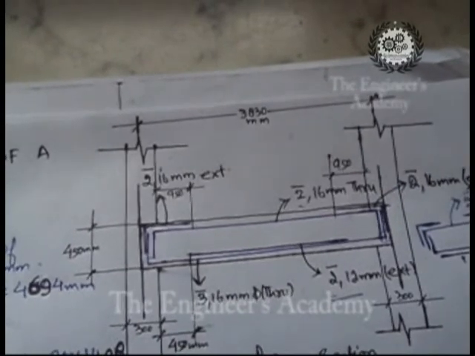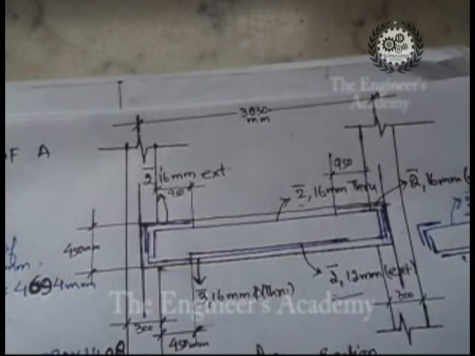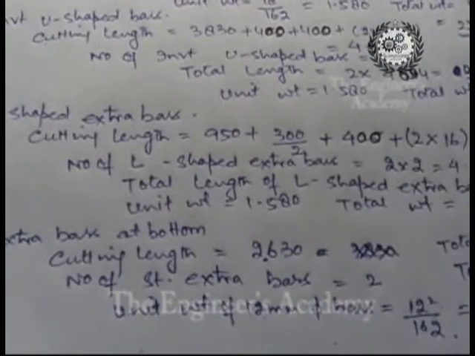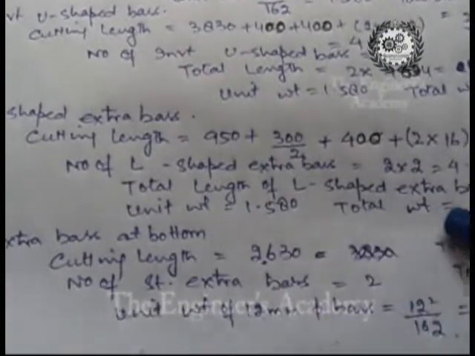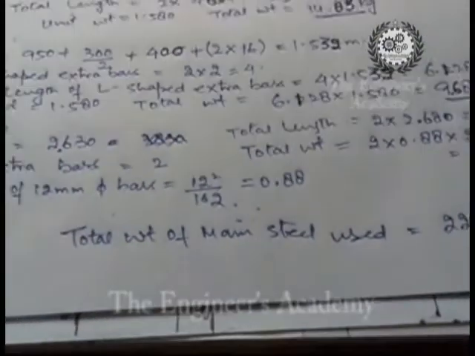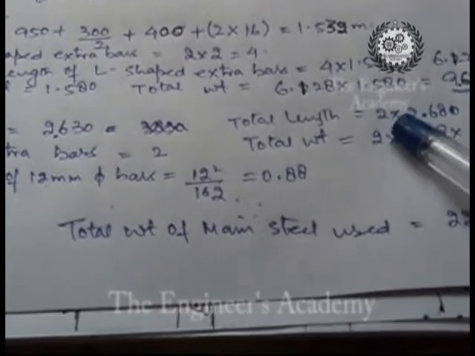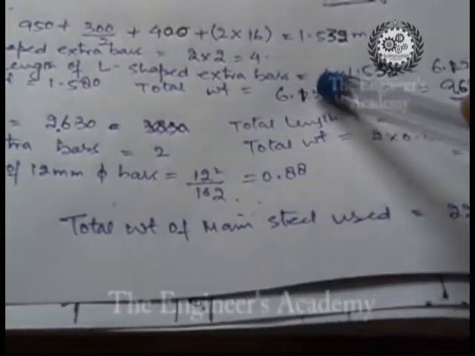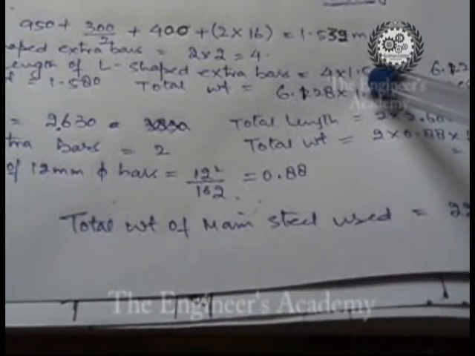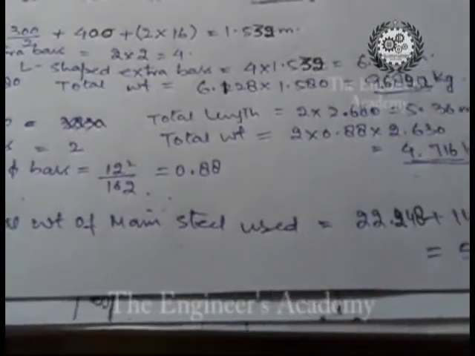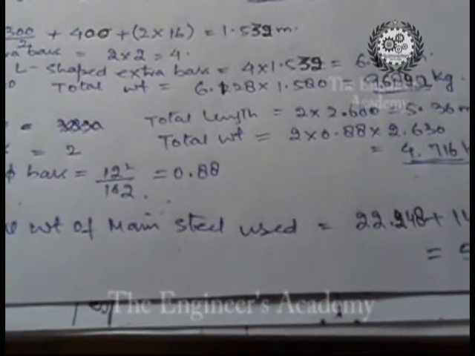So overall we have 4 extra bars used in this beam, and the total length of L-shaped extra bar will be equal to 4 into 1.532, that is the number times the length of a single L-shaped bar, that will however be equal to 6.128 meters.